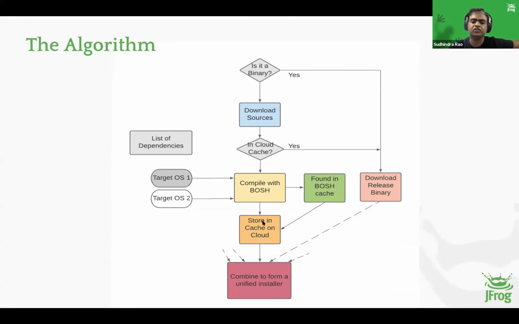If not, then compile, store it in the cache, then store it on the cloud, and then form the installer, right? This was complicated enough for one target OS, and that's when we threw at it another OS, Windows, and this became twice, if not more, difficult. Because we had to do the same thing over and over, and the algorithm that we had was not able to handle that, because it did not consider all the different latencies in the system.